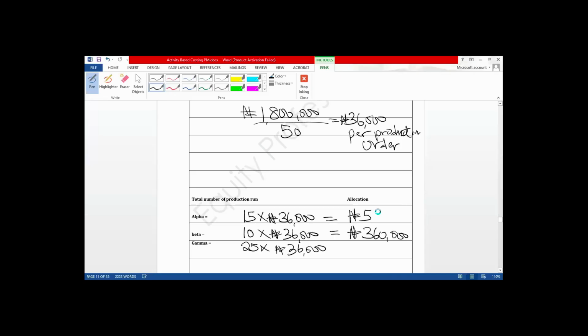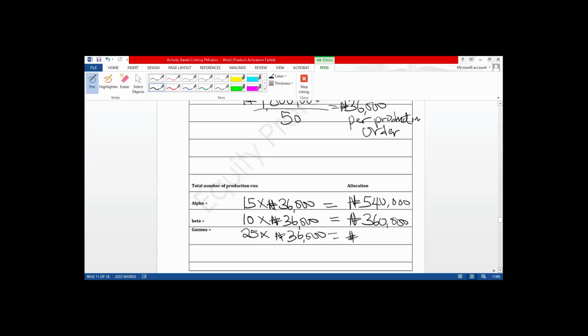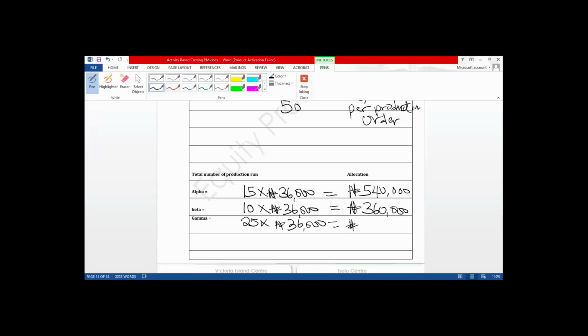This is 540. The last one, 900,000. The total must give you 1,800,000.